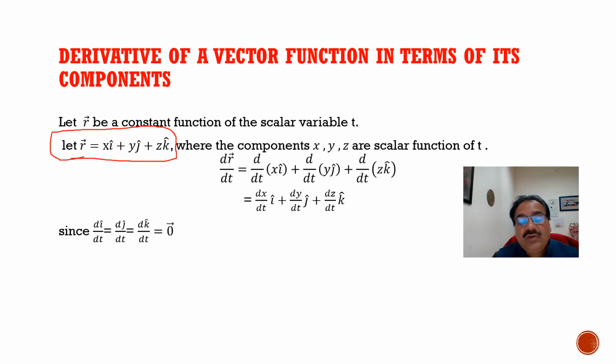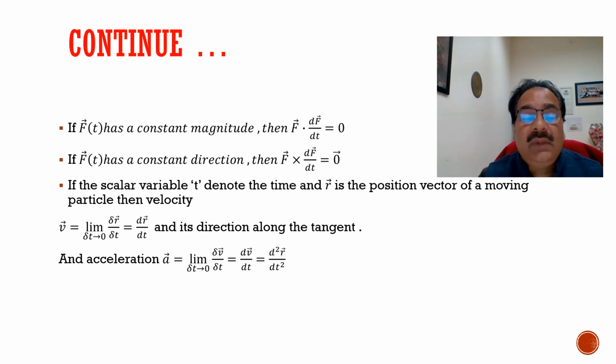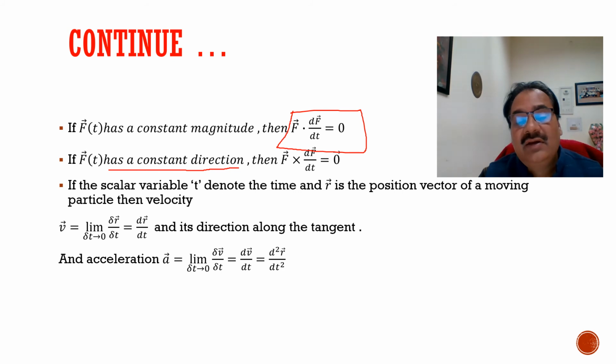Then dr by dt is dx by dt vector i plus dy by dt vector j plus dz by dt vector k, since di by dt, dj by dt and dk by dt are 0. If f of t has constant magnitude, remember that vector f dot df by dt is 0. If f of t has constant direction, then vector f cross df by dt is 0.